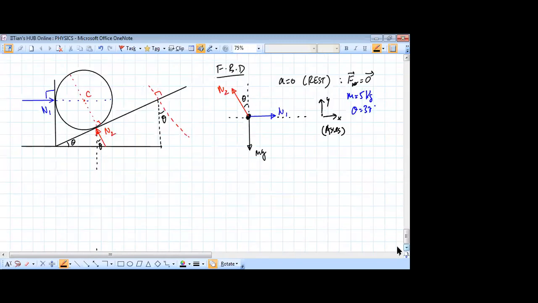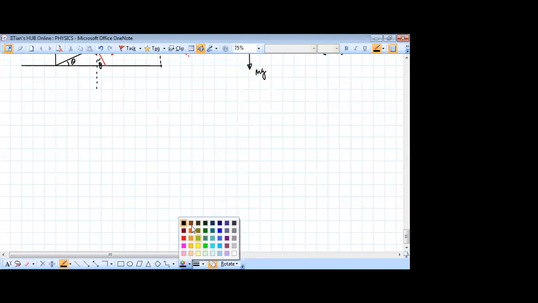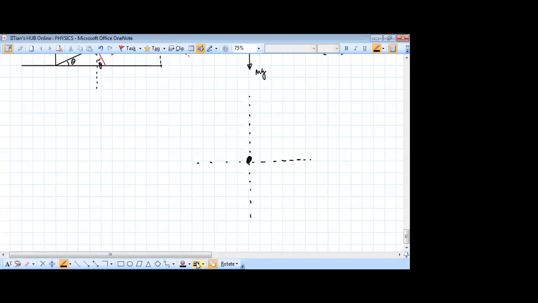So next step, in that same free body diagram, only one of the forces has to be resolved. That is the normal reaction N2. N1 is already along our x-axis.